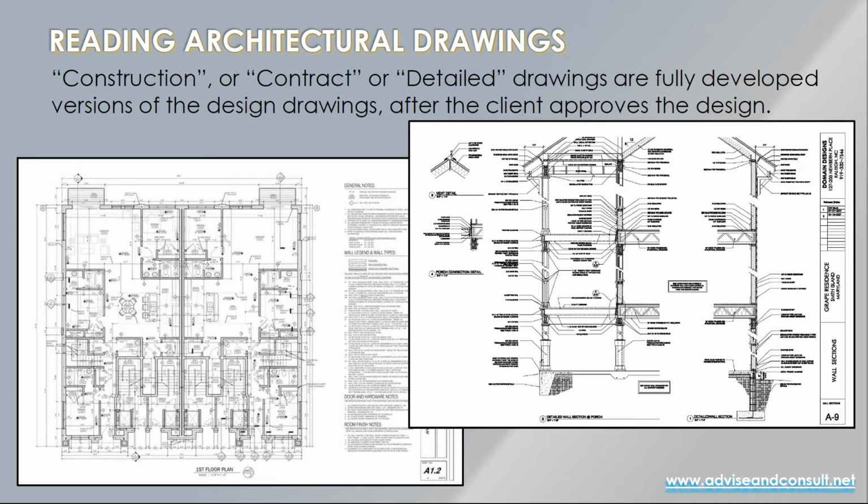Then there are the construction or contract or detailed drawings, and these are the fully developed versions of the design drawings after, as I said, the client approves the design. So hopefully, if the architect is a thoughtful, contractually oriented architect, he or she will have asked for a signature on the design drawings as approval, and then move into these kinds of detailed drawings.